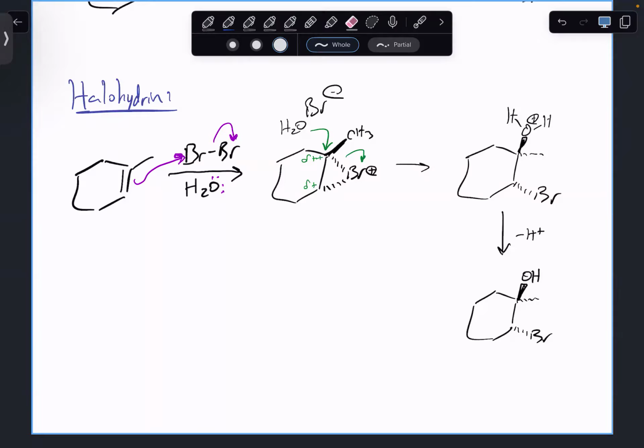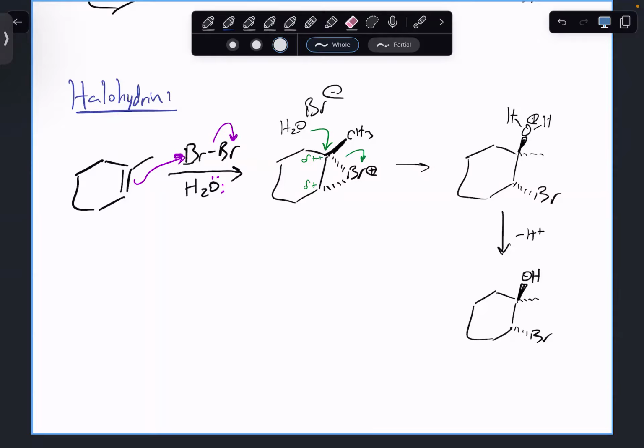It has to do with relative amounts. Presumably, if you're doing this reaction, you're going to use an equimolar amount of the alkene and the halogen. But the water is your solvent, right? I mean, you think about what that means. A solvent literally means you are dissolving something in that.